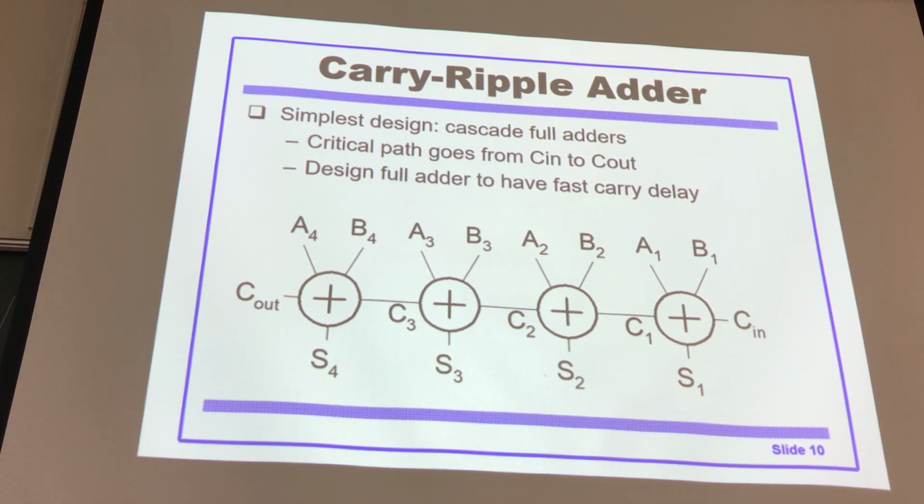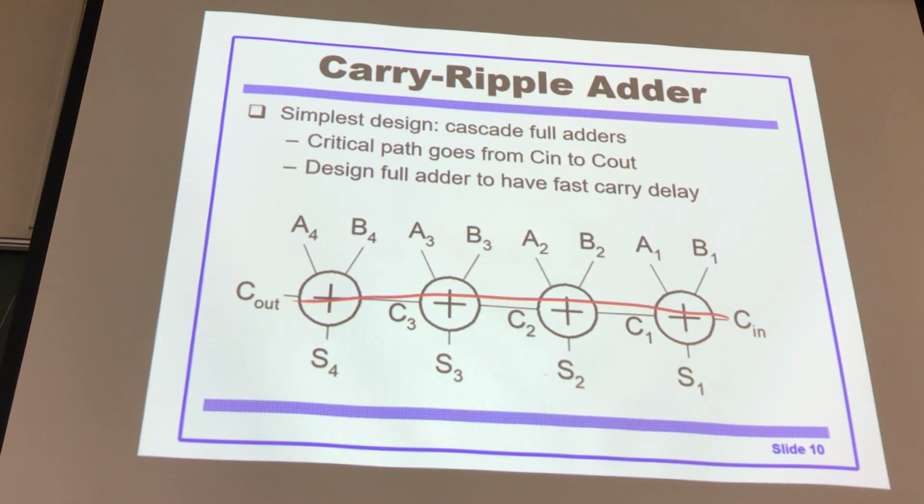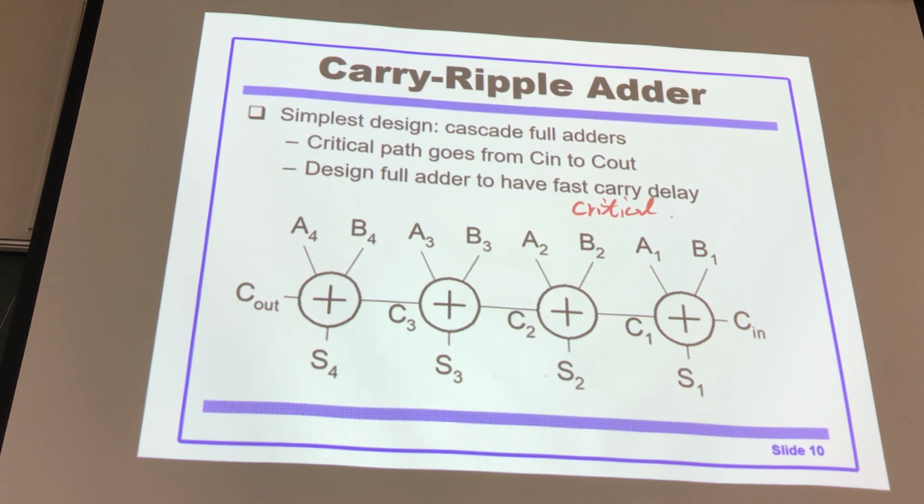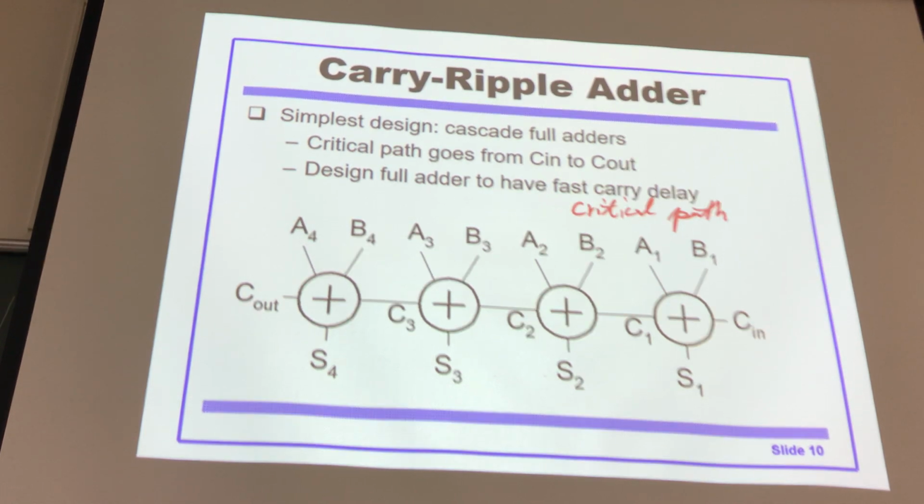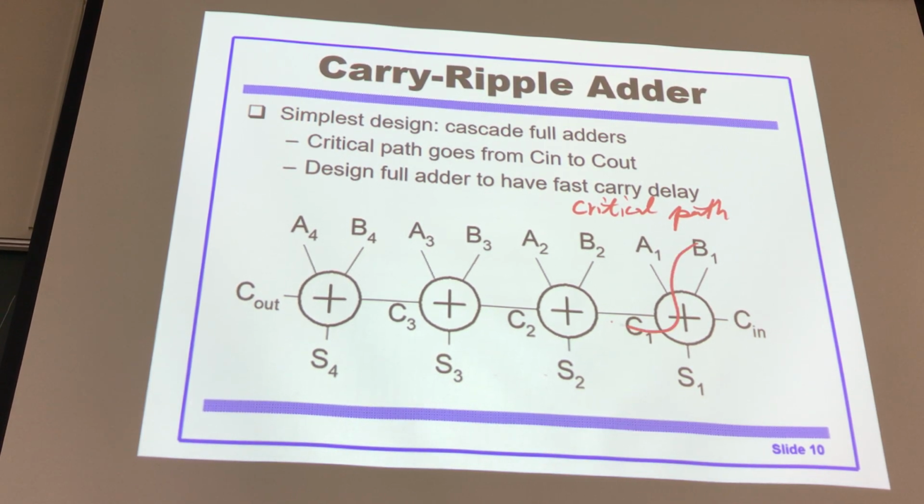Because the critical path will go through the full adders, right? The critical path means the longest delay for the signal propagation. That would be either here or here.